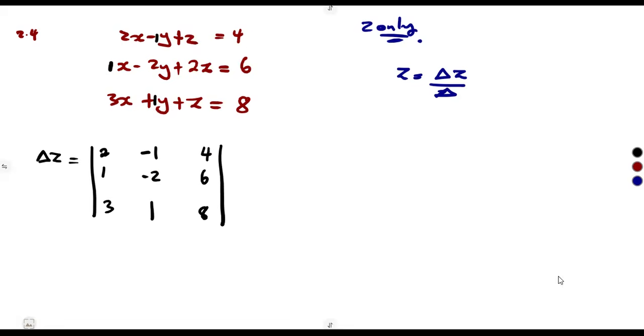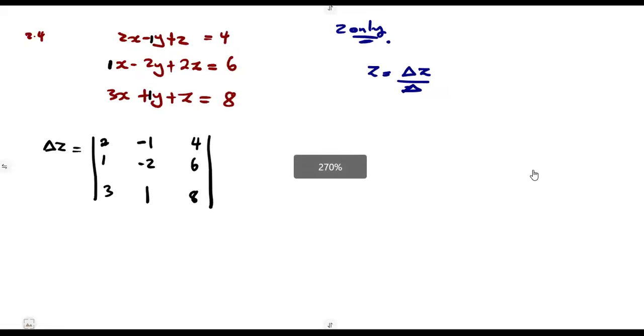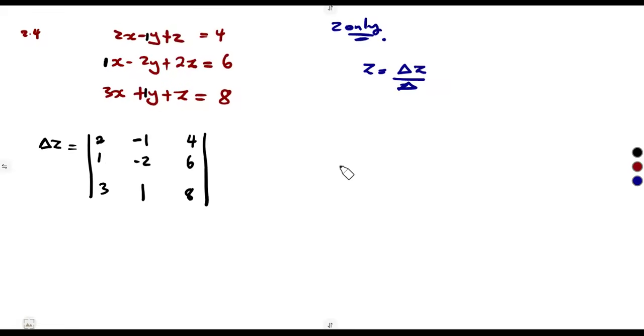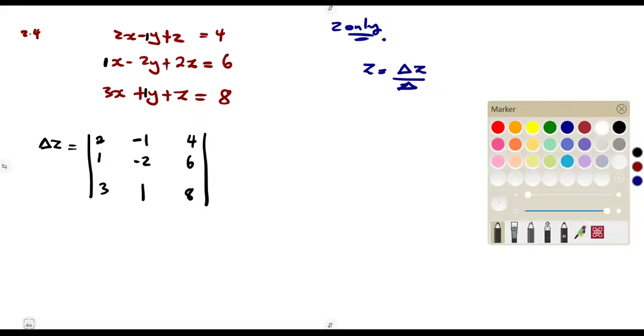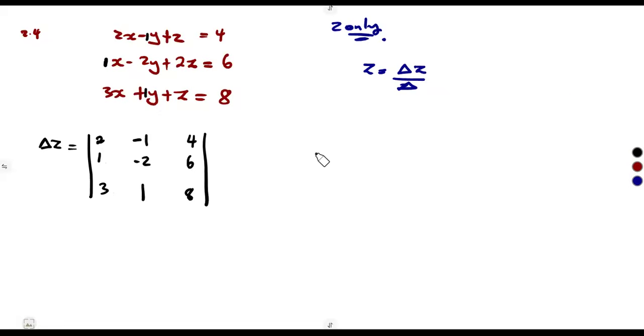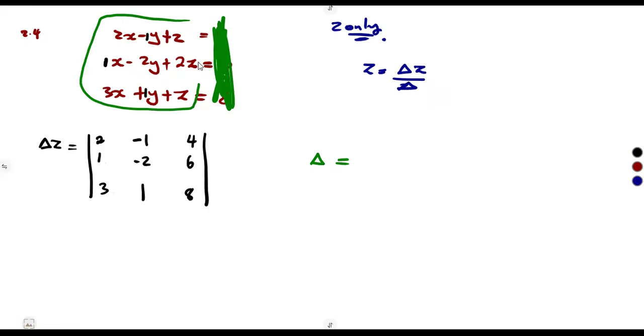In the same manner, we are supposed to calculate the determinant from the coefficients. These constants are not to be substituted. So we take this side as it is, the way that we see it.